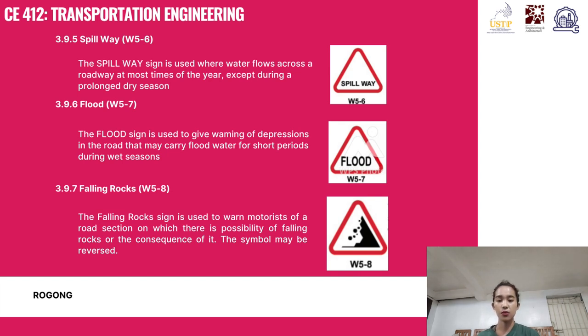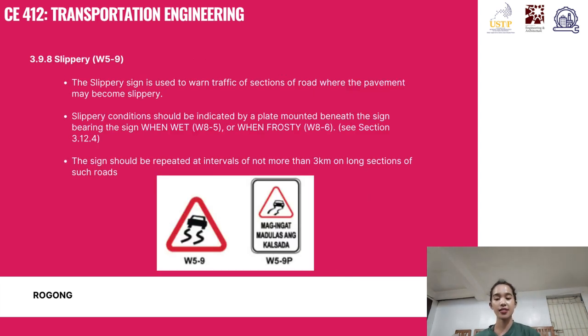It cautions drivers about loose rocks or landslides on or near the road. We can see this example here in uptown, or the last one I saw was maybe in Bukidnon, since it is uphill, and usually it is supported by a net, but there are huge signs for falling rocks.